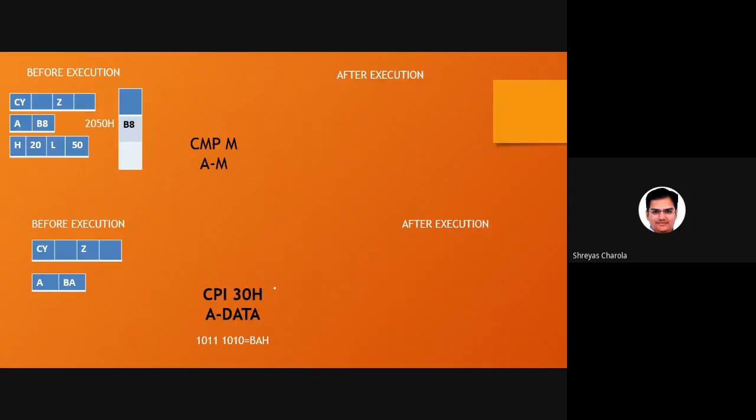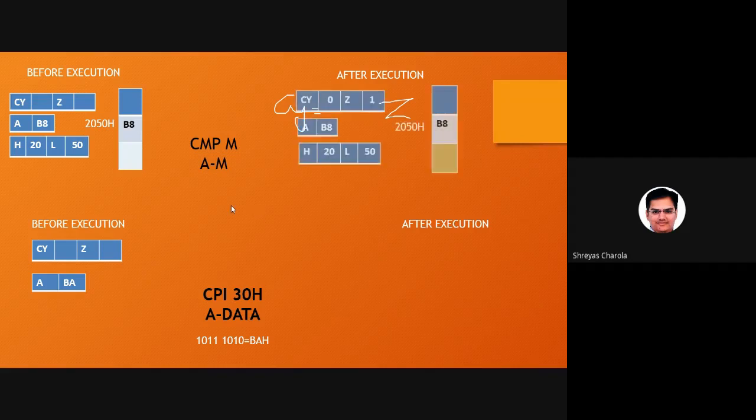Now tell me the carry flag and the zero flag for this CMP M. Write down the answer for CMP M. Yes, the zero flag will be set to 1.